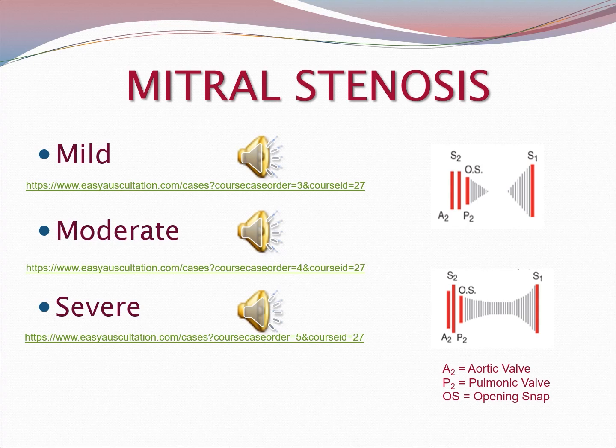And an example of severe. Unfortunately, that sounds just like moderate, but the severe mitral stenosis compared to mild is when the opening snap is occurring earlier in the diastolic phase.